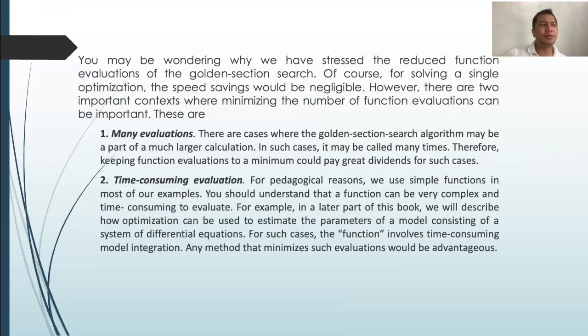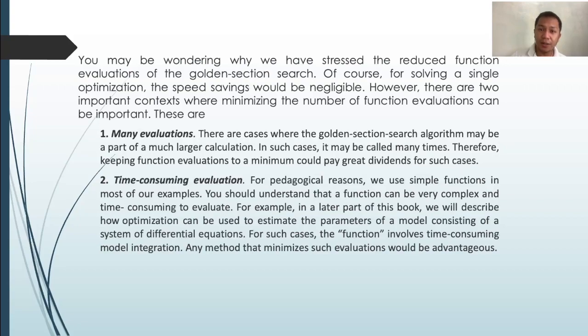You may be wondering why we have stressed the reduced function evaluations of the golden section search. Of course, for solving a single optimization, the speed savings would be negligible. However, there are two important contexts where minimizing the number of function evaluations can be important.